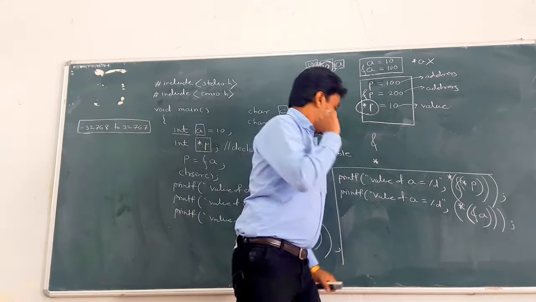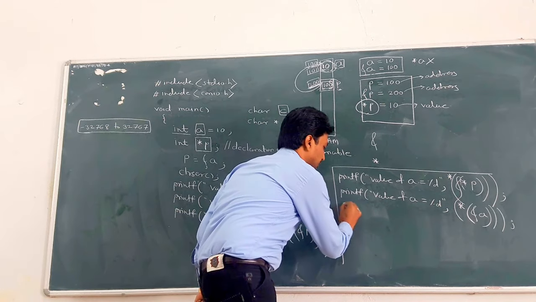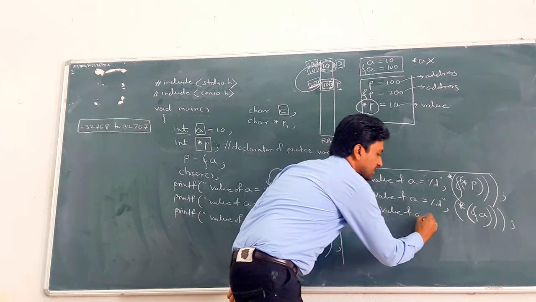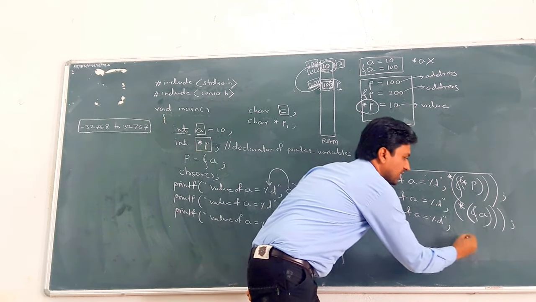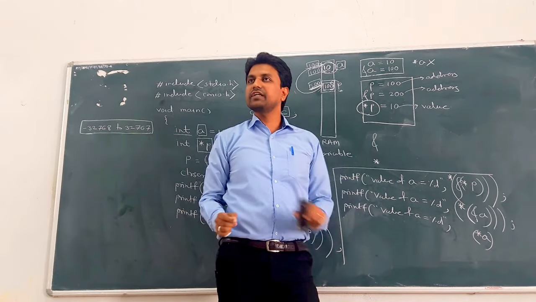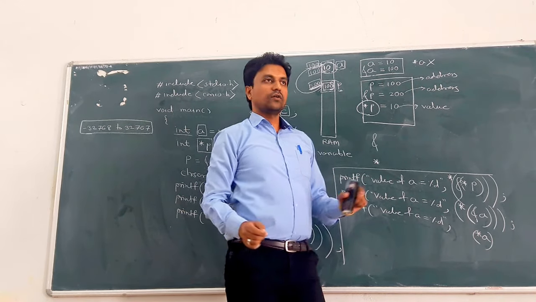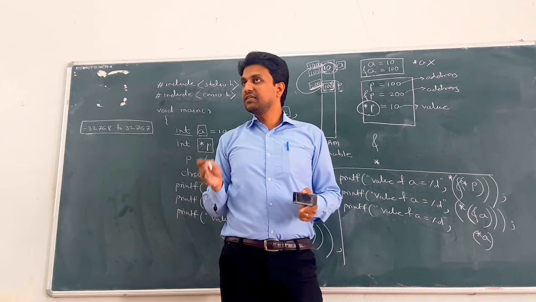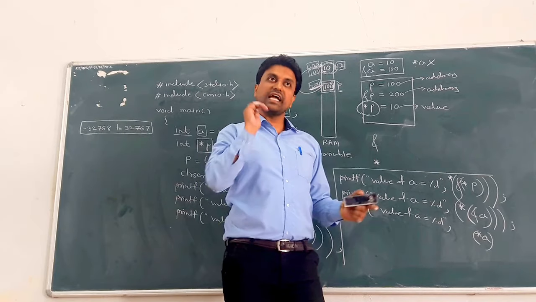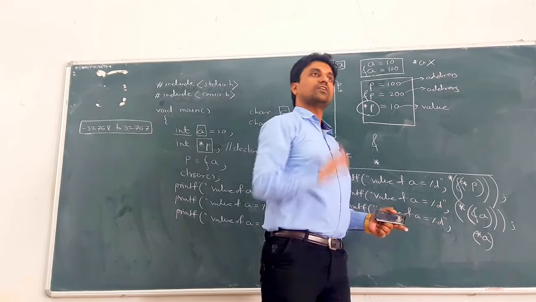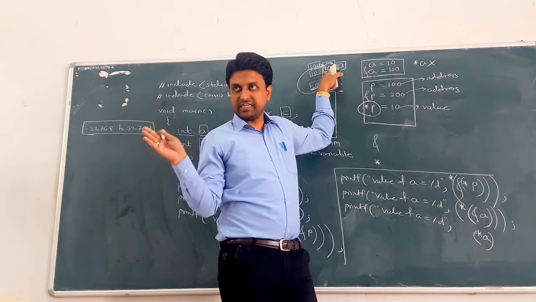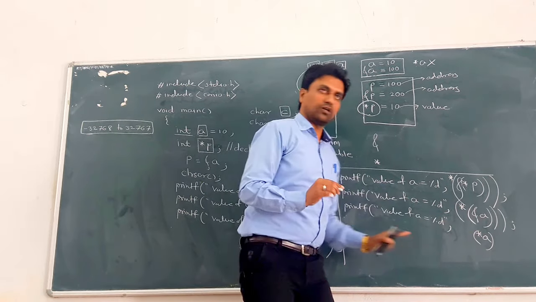But if you write printf "value of a is equal to %d" and you write pointer a, what does it give you? Pointer a is meaningless. The meaning of pointer is that the variable contains some value that is an address, and the value at that address location. But a contains a value itself, not an address. So this is wrong.